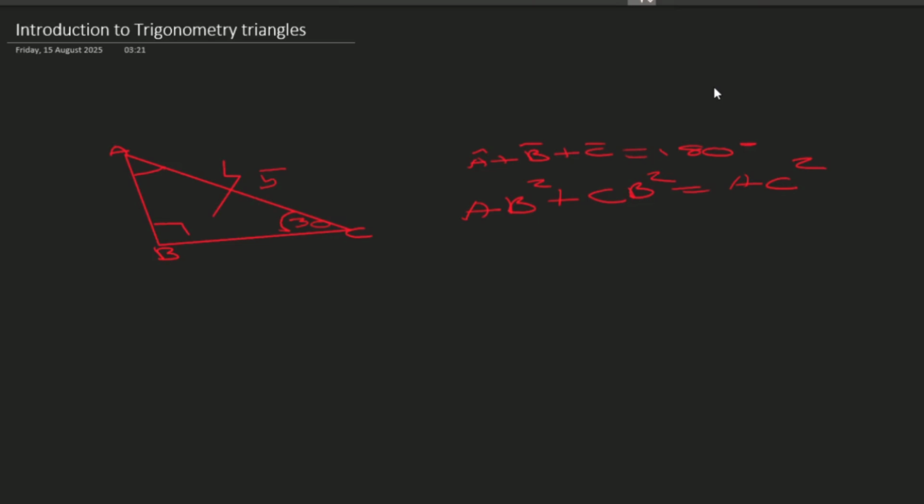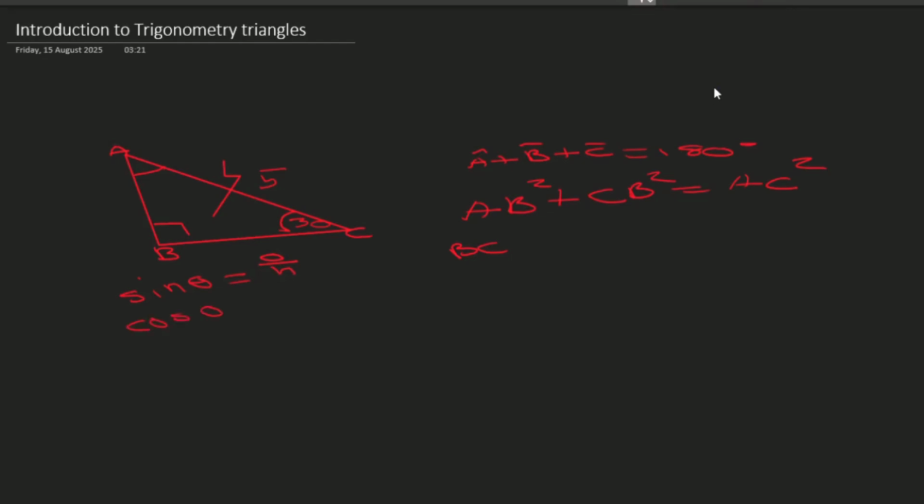In trigonometry we have the sine of the angle, which will always equal the opposite side of that angle divided by the hypotenuse. Cos of the angle will always equal the adjacent side over the hypotenuse.